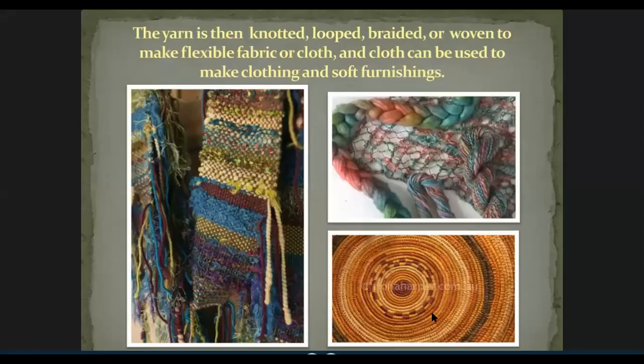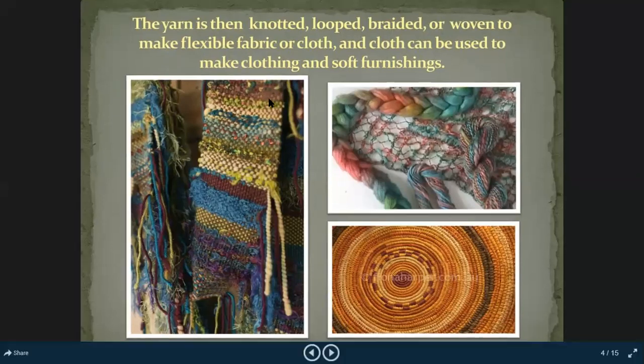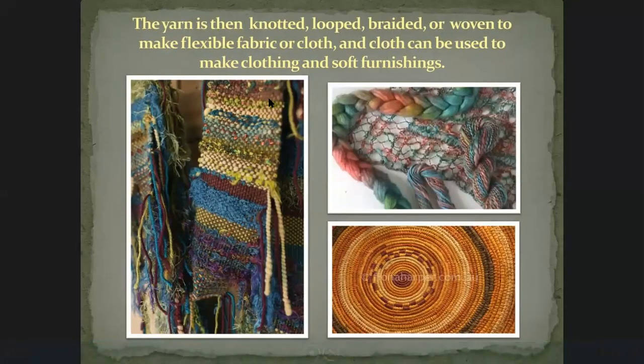Next, the yarn. The yarn can then be braided or made into flexible fabric or cloth, and cloth can be used to make clothing and soft furnishings.